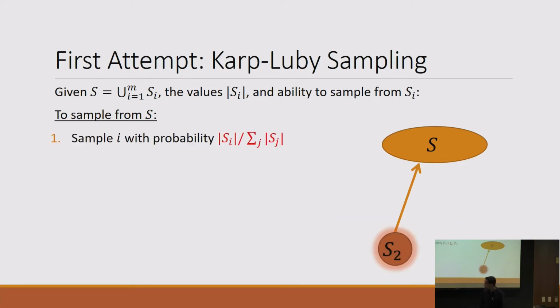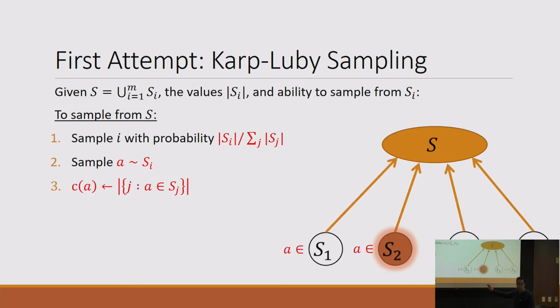You can do something similar to what we did before. I sample one of the S_i with probability proportional to its size, exactly proportional in this case, and then I sample an element uniformly from that set. Now I step back and compute the same value as before: how many times was that element overcounted? Here I got this element A, and I see that it was in 3 other sets, S1, S2, and S4.